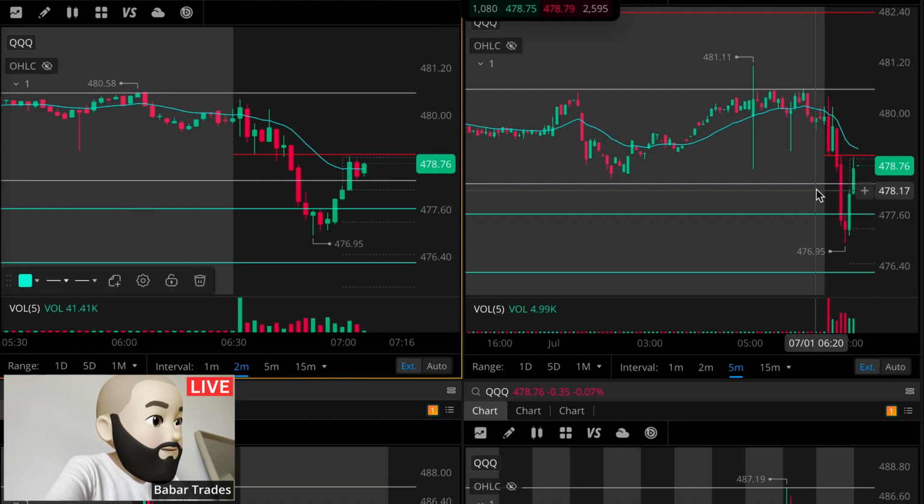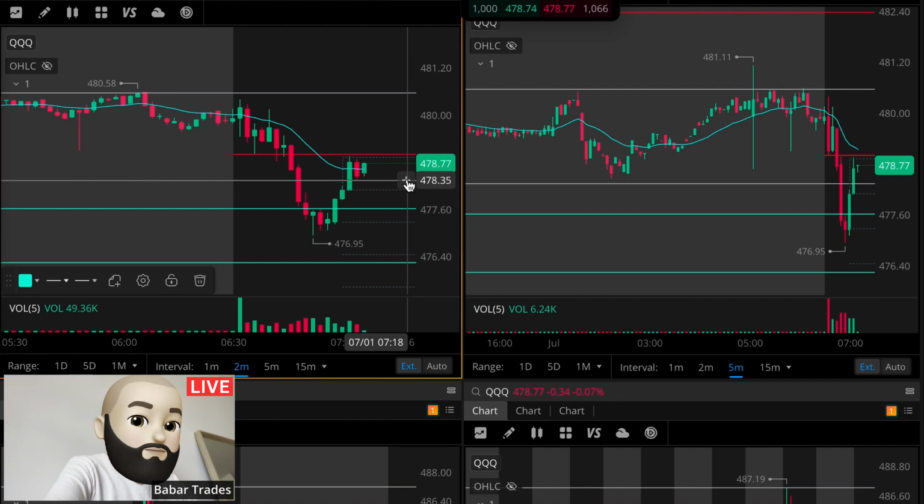If we do trigger here at 478.10 for a sell setup, that would be a pretty decent trade, but I just want to wait for that confirmation. Might get in early to see if I can get a better price on the options premium, but I'm not 100% sure right now.